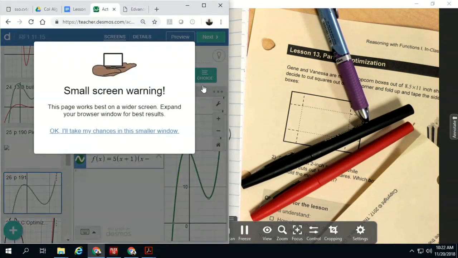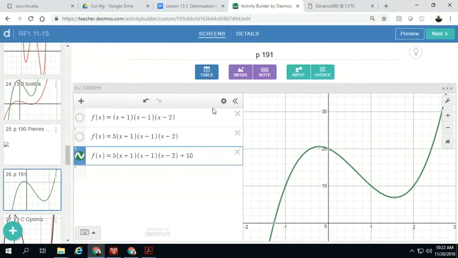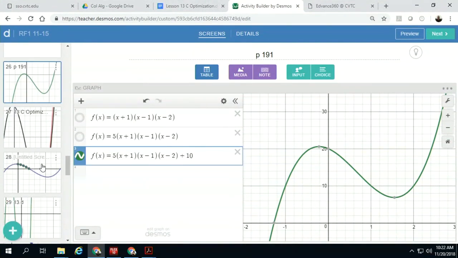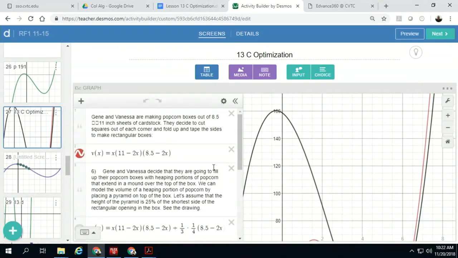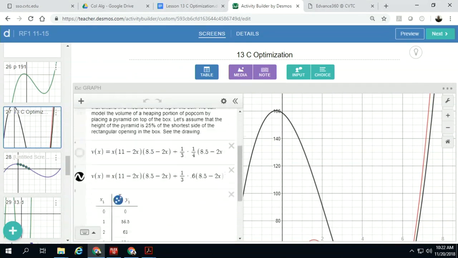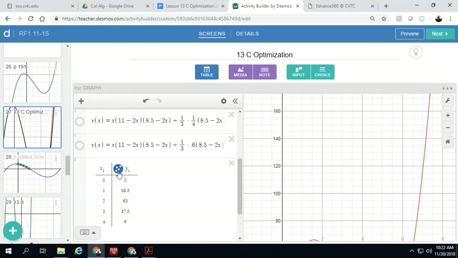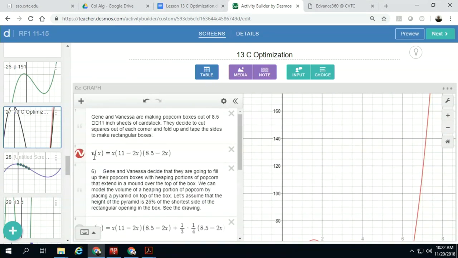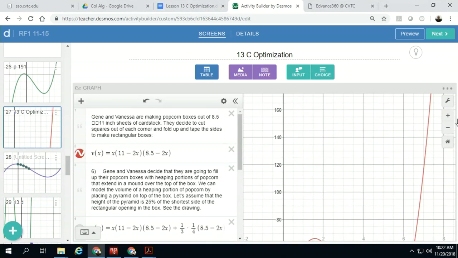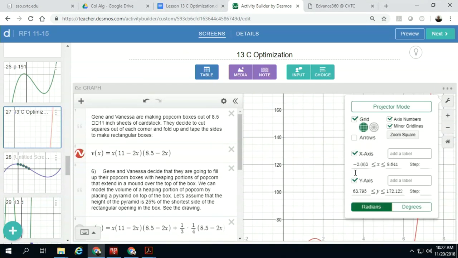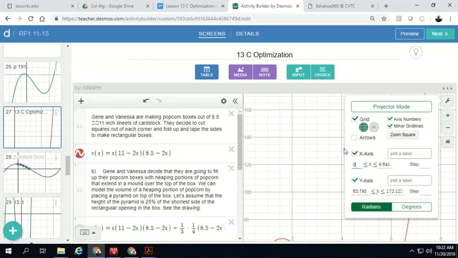Volume equals x times 11 minus 2x times 8.5 minus 2x. Now I'm going to set my window so that X goes from 0 up to 5.